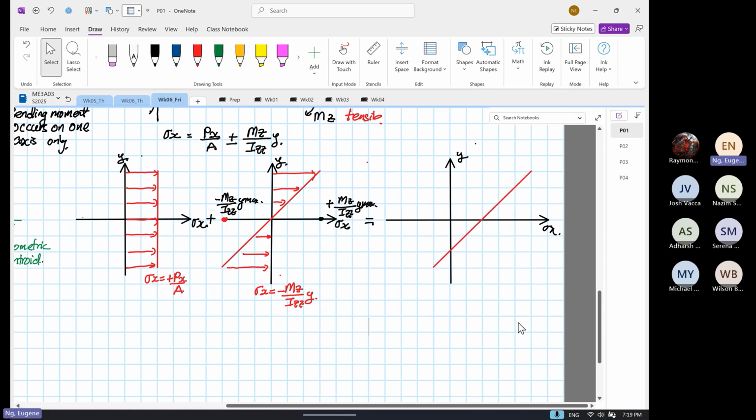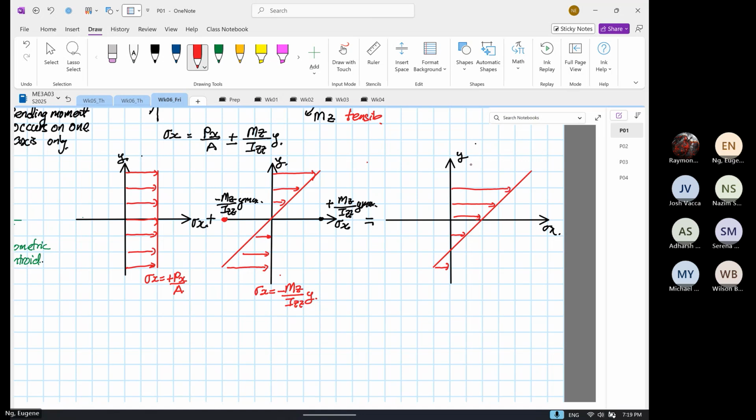So what happens now when this is the case, we have compression here, then after that is all tension. You can see that now. And we know that this is our stress σx equal to 0 line.